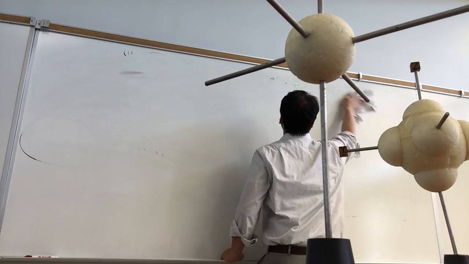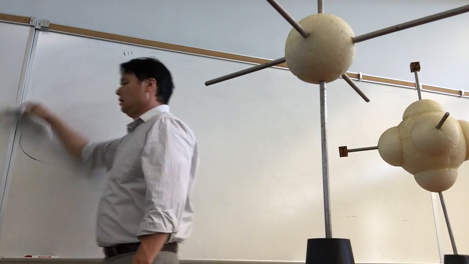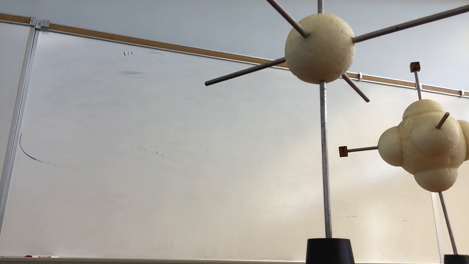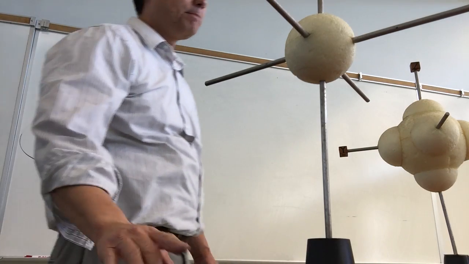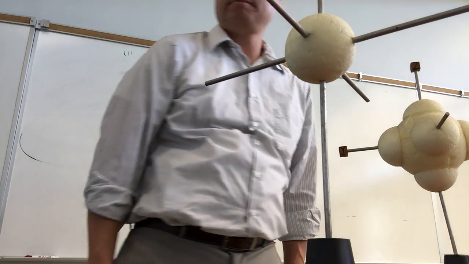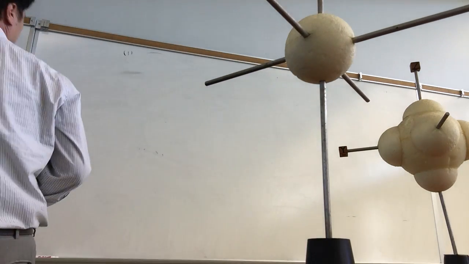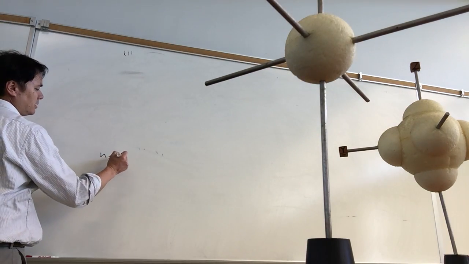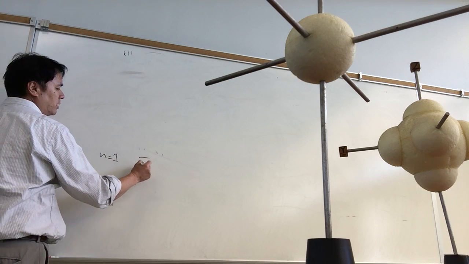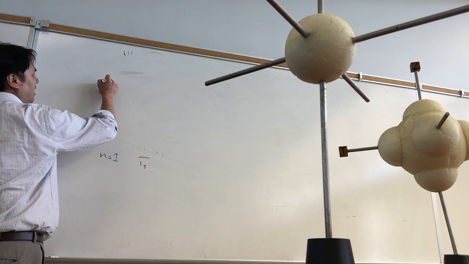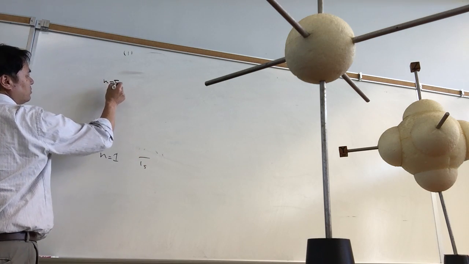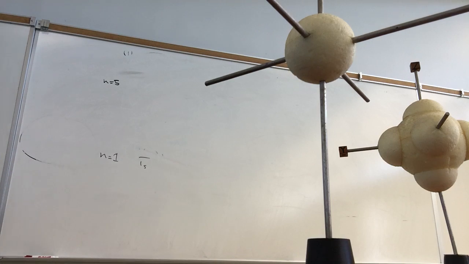And so let's just pick one energy level and figure out all the orbitals that it might contain. If I go to n equals 1, that's pretty easy. It's just the 1s orbital. Let's go to n equals 5. At n equals 5, how many orbitals am I dealing with?